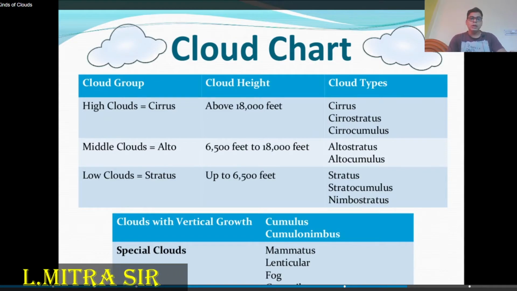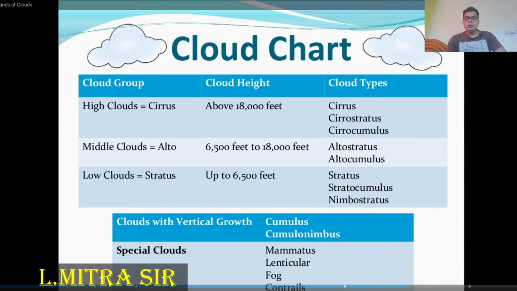Then the low clouds, up to 6,500 feet, are stratus, stratocumulus, and nimbostratus.